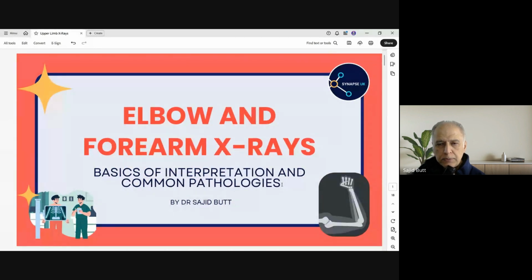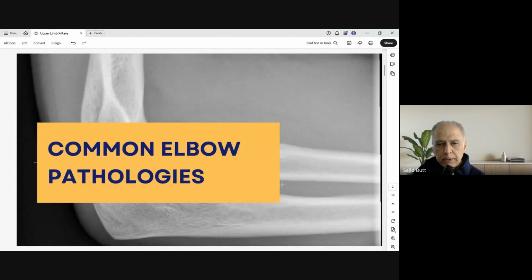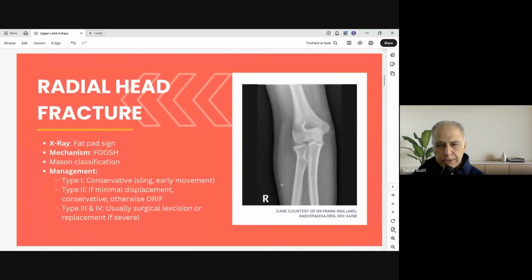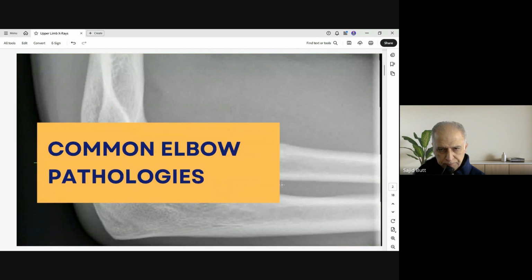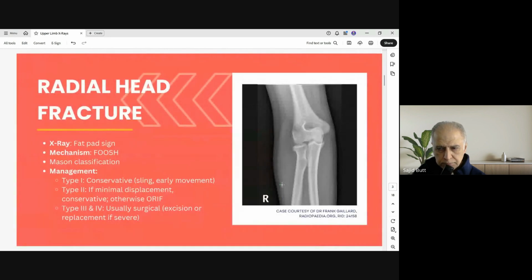So the common pathologies in the elbow, obviously it's a part of the body which can get fractured. And there are basic principles which we have to keep in mind when interpreting the x-rays.